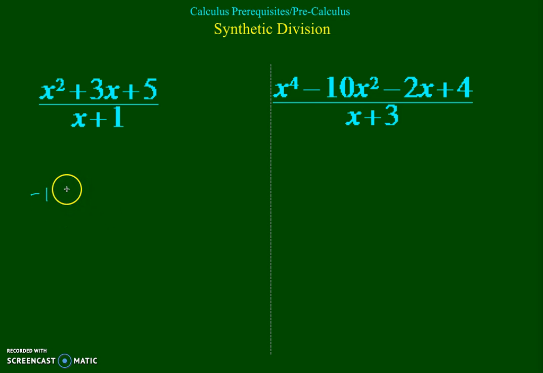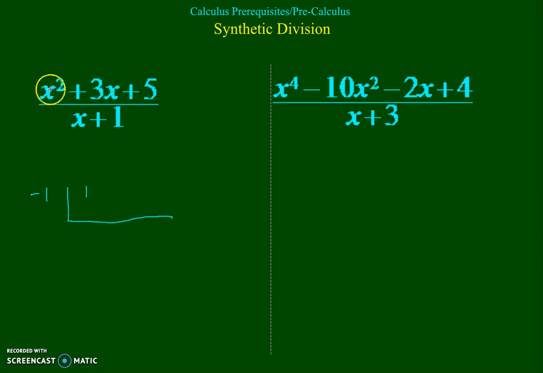So we'll put a negative 1 out front. And traditionally, the way we write the division symbol, it's an upside down division symbol, which kind of messes with people's heads from time to time. And then we're going to write inside here the coefficients of our dividend. So the coefficient of the squared term is 1. And just as in polynomial long division, we have to have a term in progression.